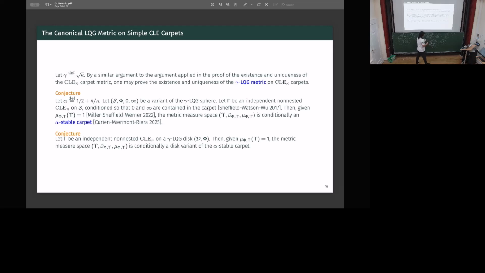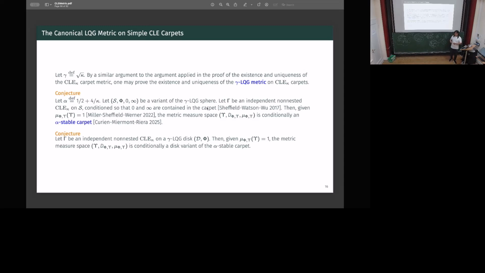This is a 0 probability event, but it is proved by Scott Sheffield, Samuel Watson, and Hao Wu that we can condition on this event. So there will be some loops on this sphere. No loops around this 0 and infinity.